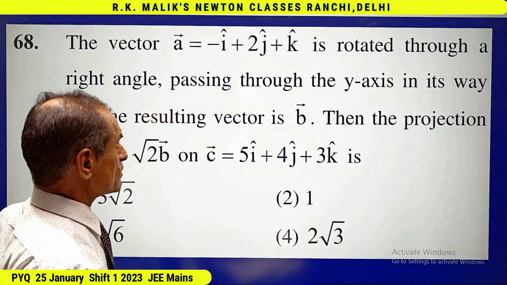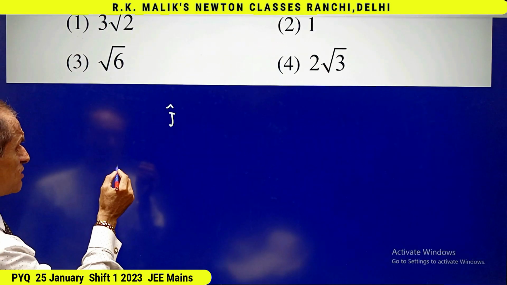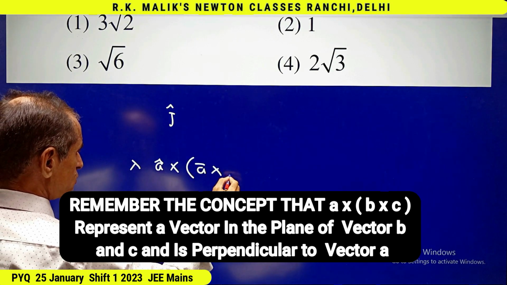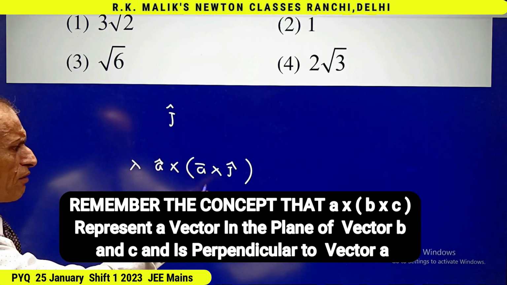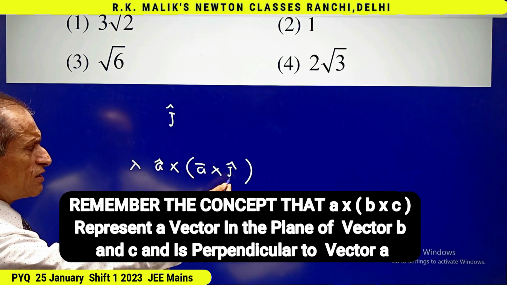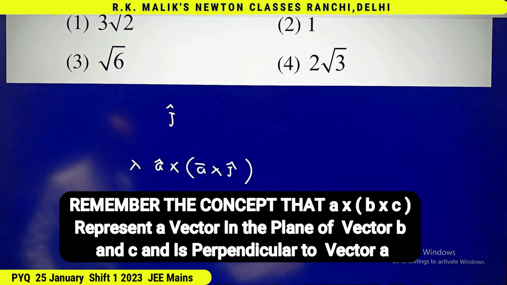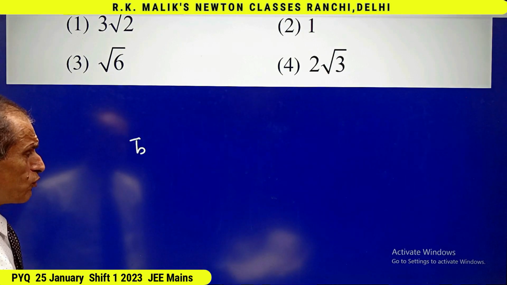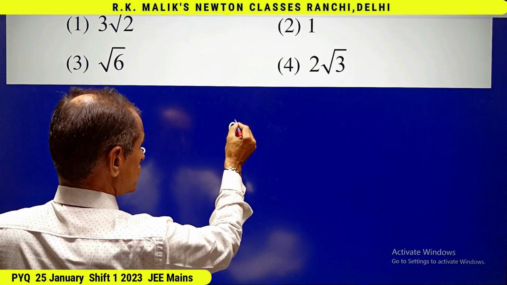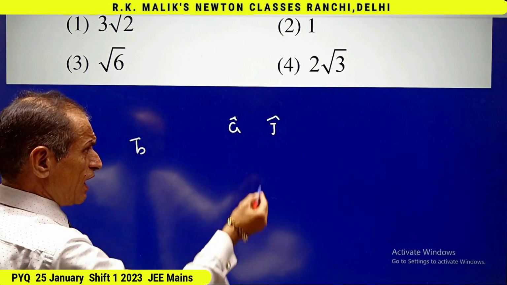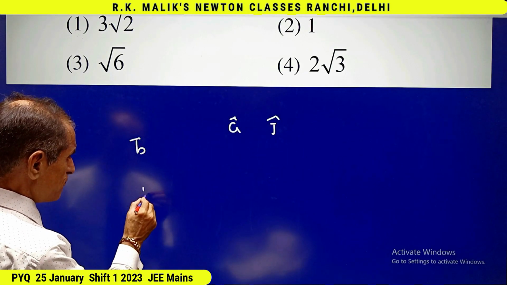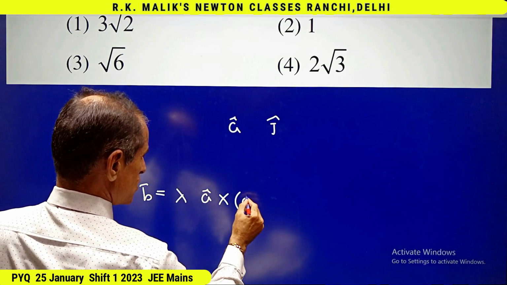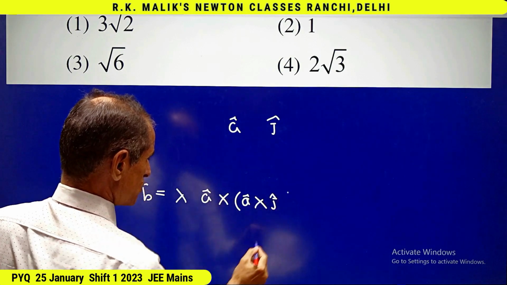Hence, to find the vector which is lying in the plane of the y-axis and this vector and is perpendicular to this vector, I will say that vector is lambda times A cross j, because this will be a vector which is in the plane of A and j and is perpendicular to A. And I have written lambda also because the B vector which is to be found lies in the plane of A and j and is perpendicular to A. Hence I can say B vector is lambda times A cross j.